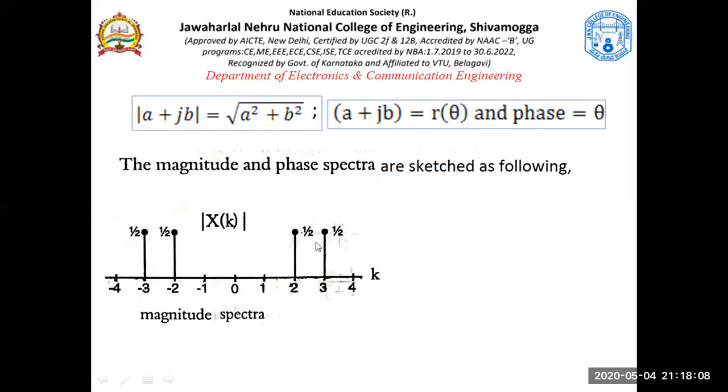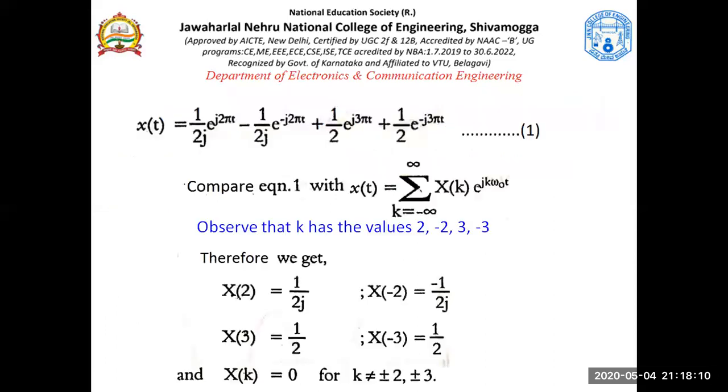Why 4 components? Because we have x of 3 and x of minus 3 as 2 magnitude components, as well as these 2 magnitudes. What is the magnitude of these two? Half and half. What is the magnitude of this? It's again 1 by 2, as we have seen in the last problem.